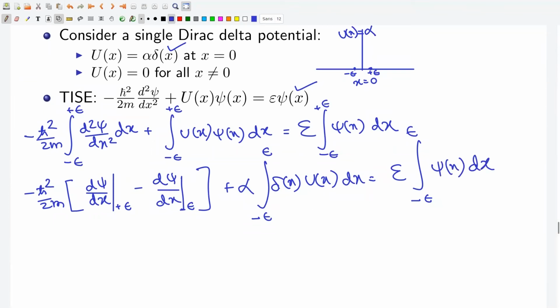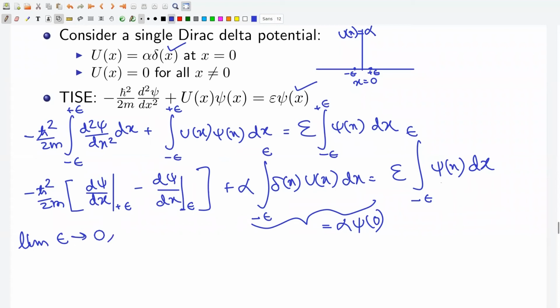Now this integral involves the delta function and this is equal to alpha times psi of 0. Now we take the limit epsilon going to 0.